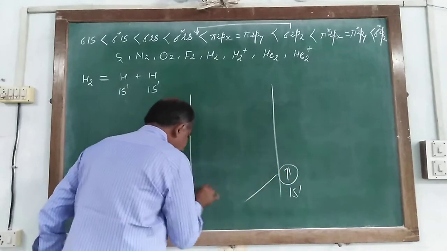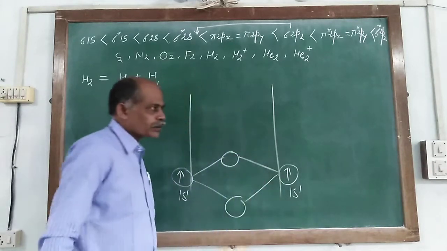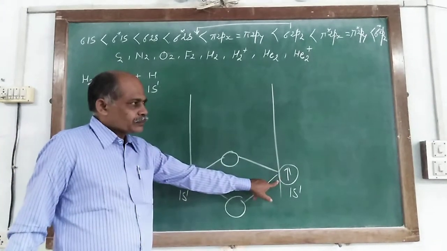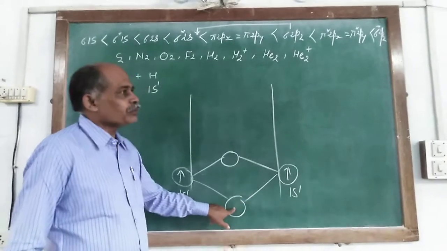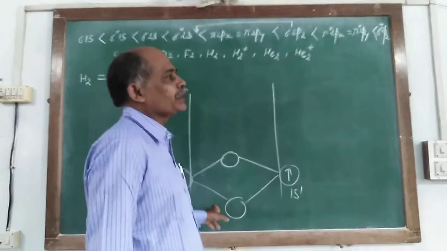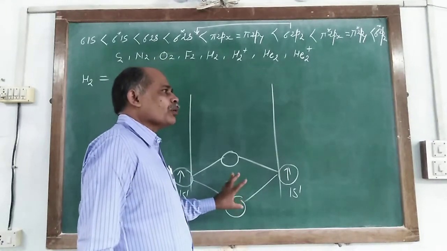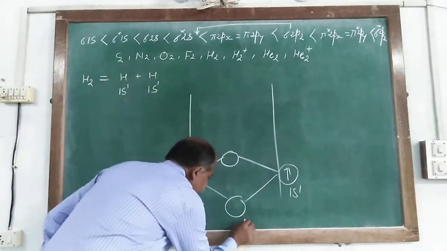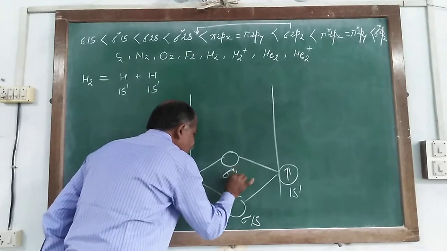Now they combine with each other to form two molecular orbitals, and the electrons from the atomic orbitals are accommodated in the molecular orbitals, first going into the molecular orbital having the lowest energy. So here it is sigma 1s and sigma star 1s.